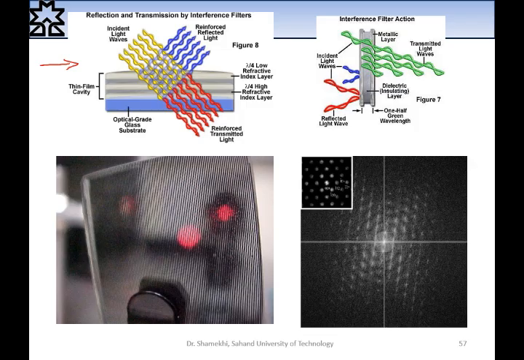The thickness of layers is the main reason for transmitting or rejecting, in other words, reflecting.